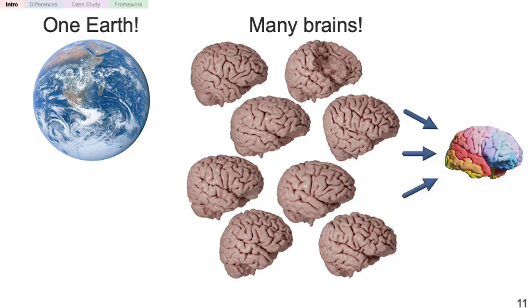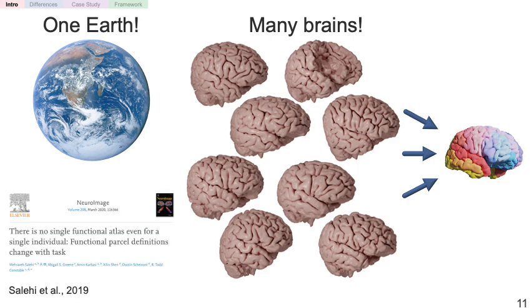We are essentially creating one atlas for an individual that does not necessarily exist by taking averages across multiple individuals. And this line of thinking, that there may not be one single atlas for all modalities, for all individuals, at all given time points, is gaining traction.